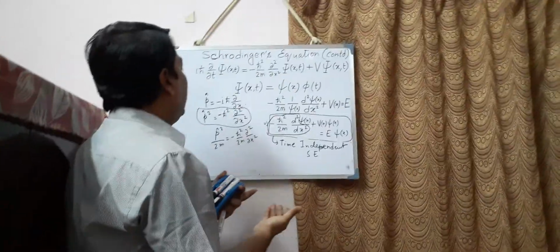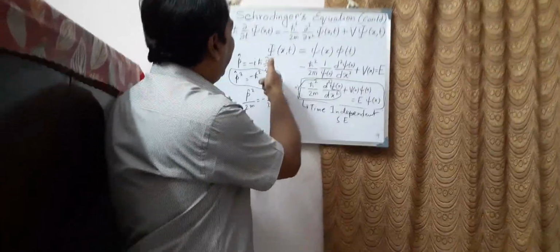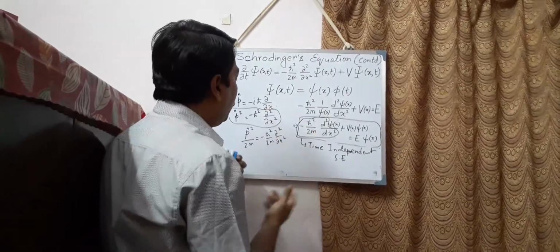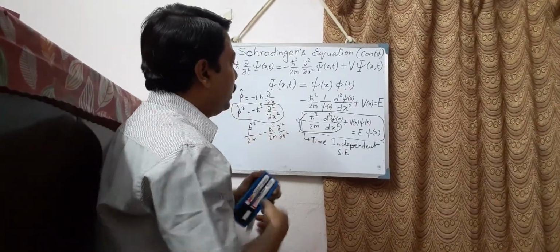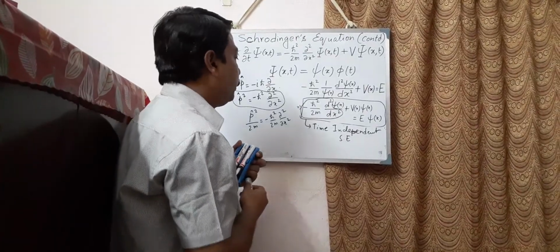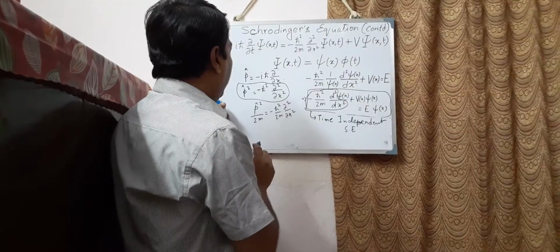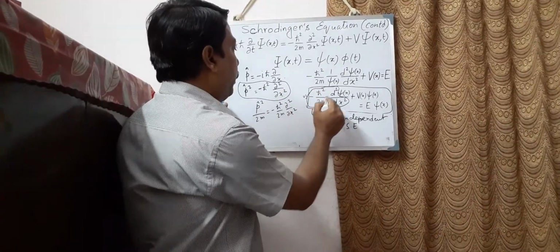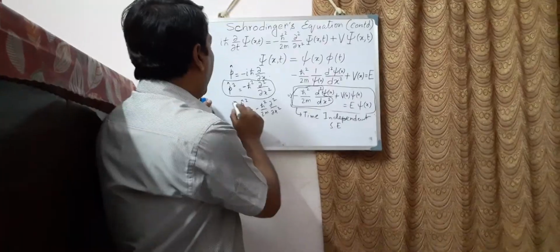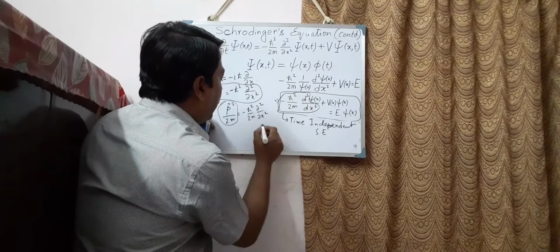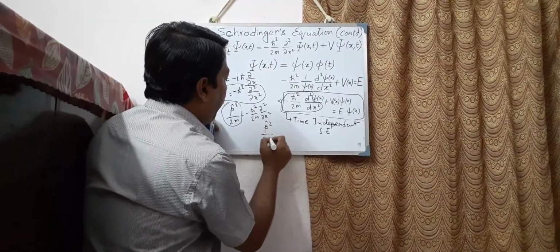Since we are dealing with a one-dimensional case, we only have the x component of position, so del x will be the same as d/dx, and hence del 2/del x square will be the same as d2/dx square, since there are no other coordinates. So this minus h bar square by 2m d2/dx square can be written simply as p square by 2m.